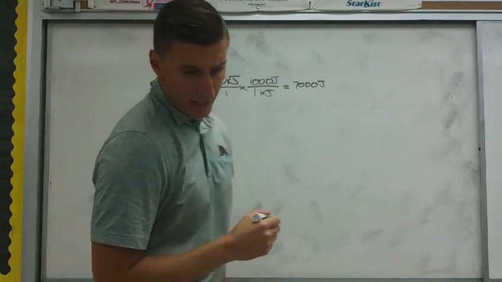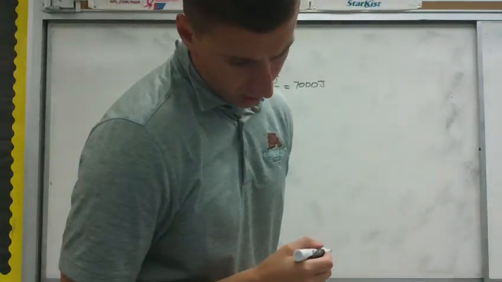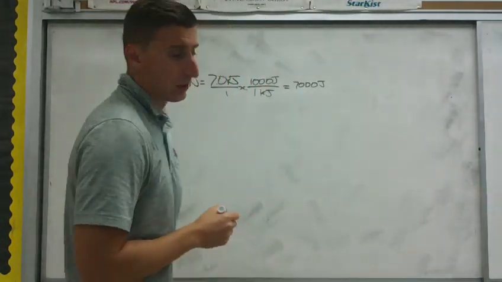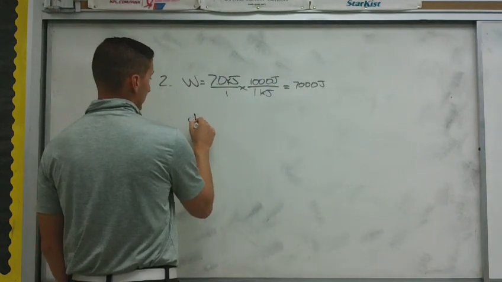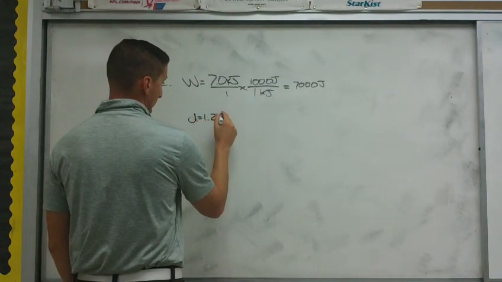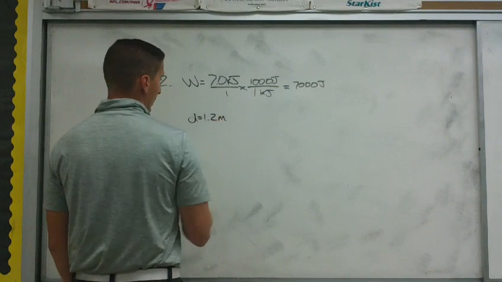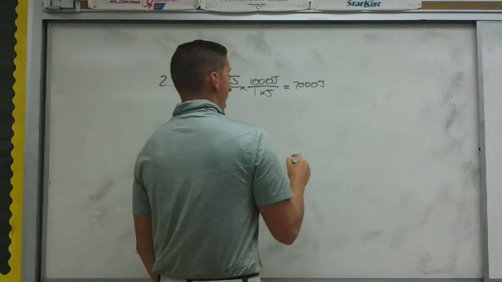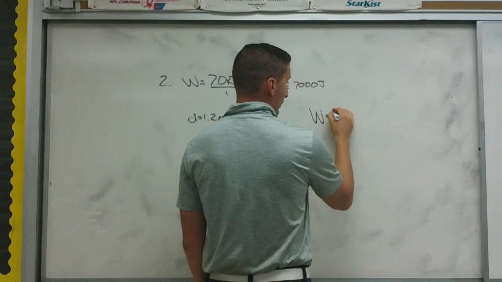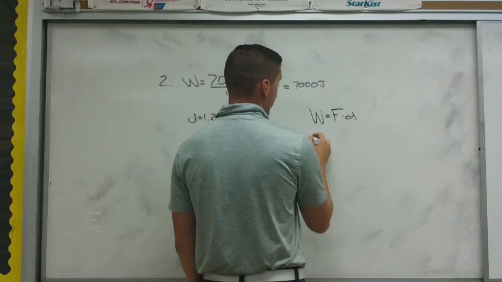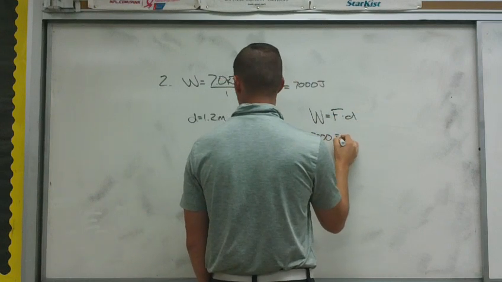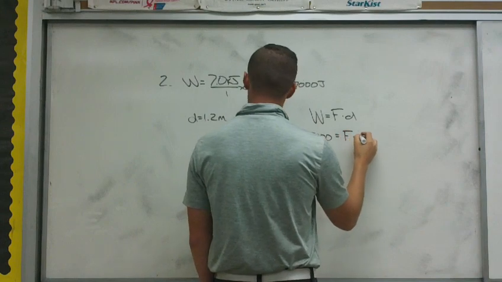I know that it lifts the box 1.2 meters, so I know the distance. So I know my basic equation: work is equal to force times distance. Work is 7,000. Force is what I'm looking for. D is 1.2.